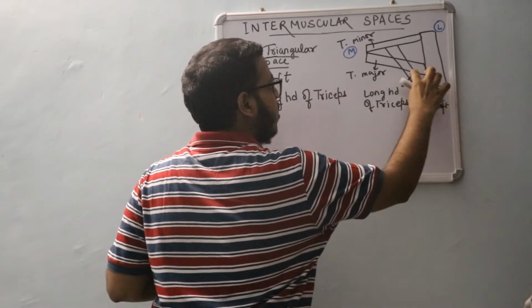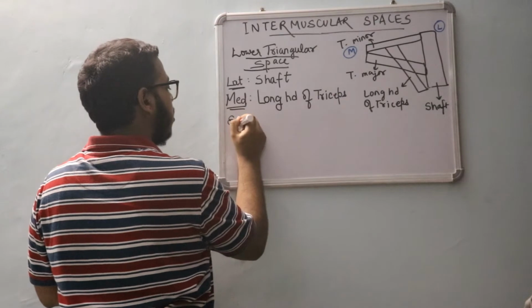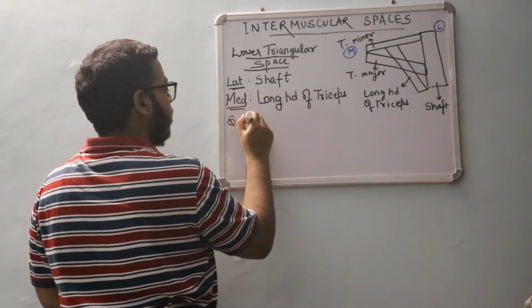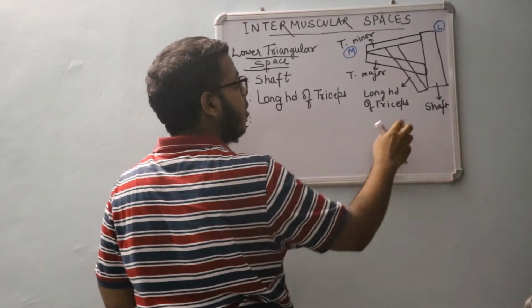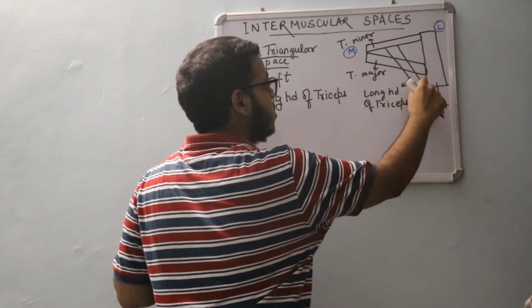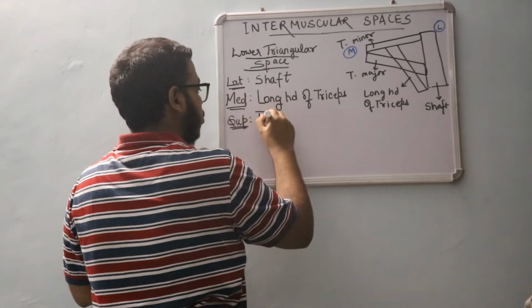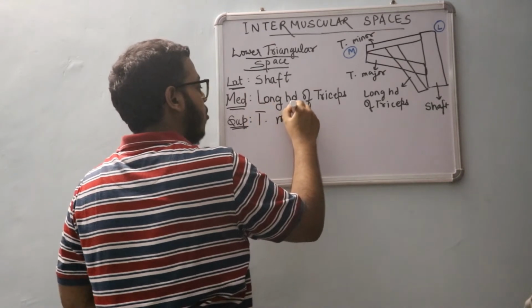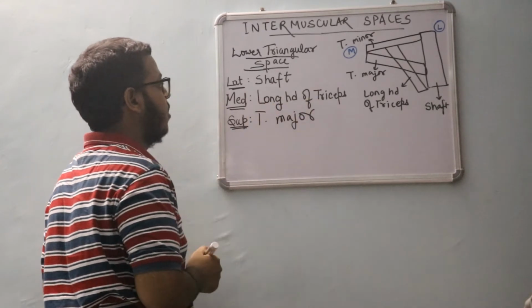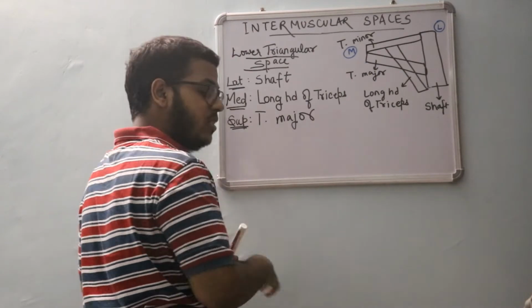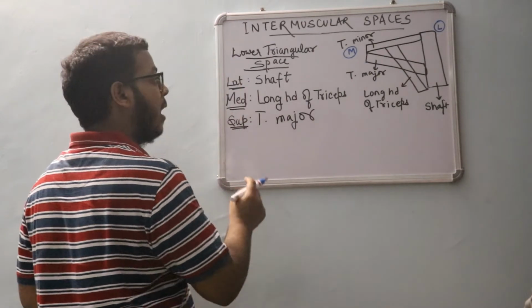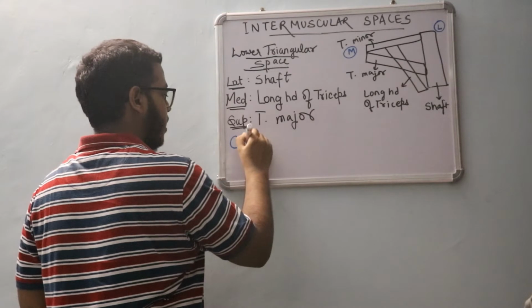The superior boundary is the teres major muscle, in particular its lower border. So these are the boundaries of the lower triangular space.